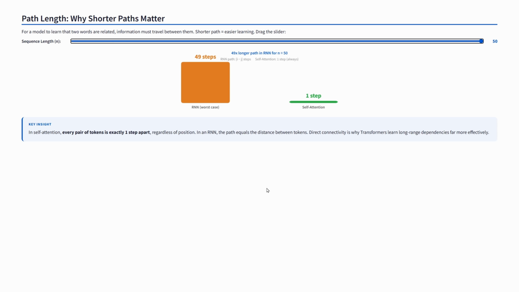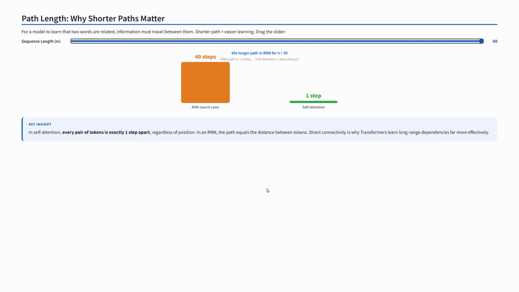Every pair of tokens is exactly 1 step apart, always. The physical distance in the sentence simply doesn't matter. And because it's all matrix multiplication, the GPU can compute all those pairwise interactions simultaneously. The parallelism advantage and the learning advantage reinforce each other.